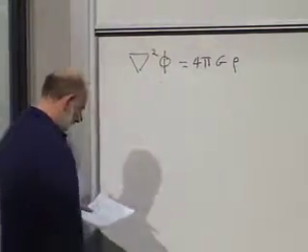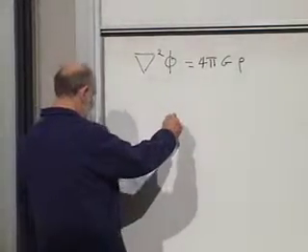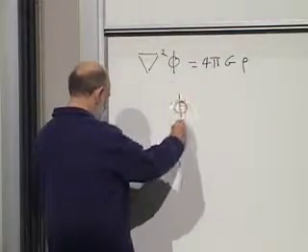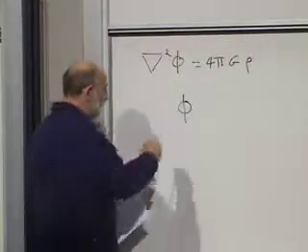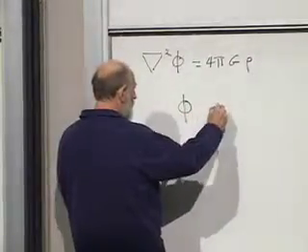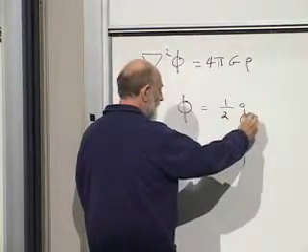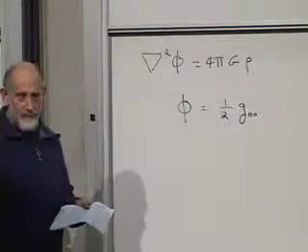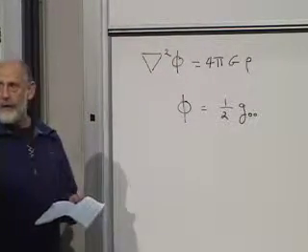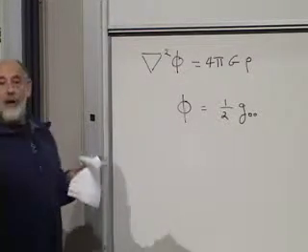What we found out was that the gravitational potential was like 1/2 of g naught naught. Now that's not correct. What actually did we find out? g naught naught is 2 phi, plus a constant.